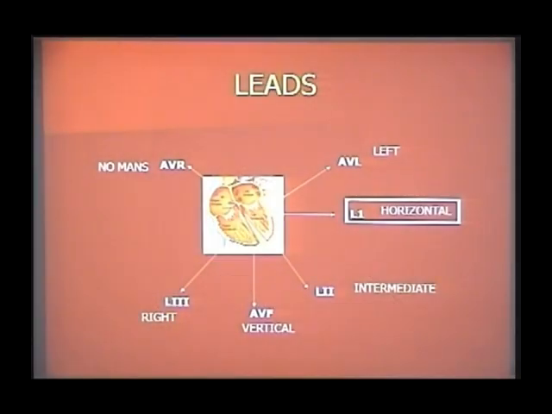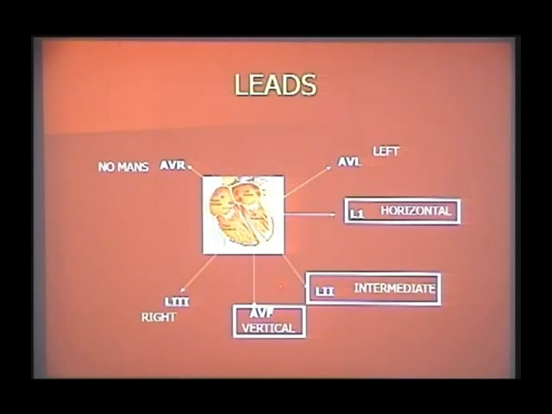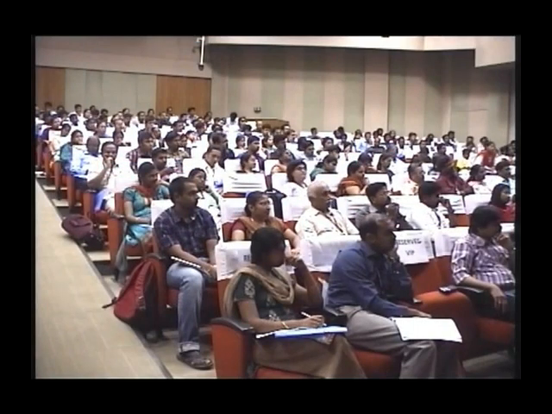If any one of these shows the tallest positive QRS complex, my axis is in the normal region. There are 4 quadrants, and in this quadrant, the axis is normal.